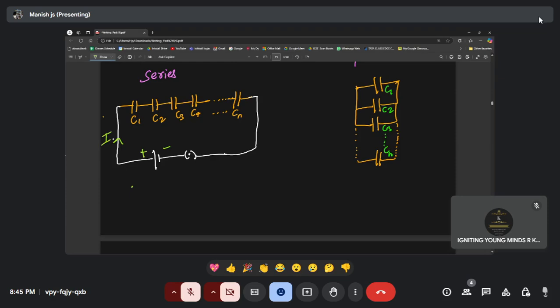Now, do you agree that the current flowing through each and every capacitor in a series connection is going to be the same? Because whatever current is coming through the cell, the same current is going to flow through the first capacitor, second capacitor, third, fourth, so on until the nth capacitor, because they are in series combination, one after the other.